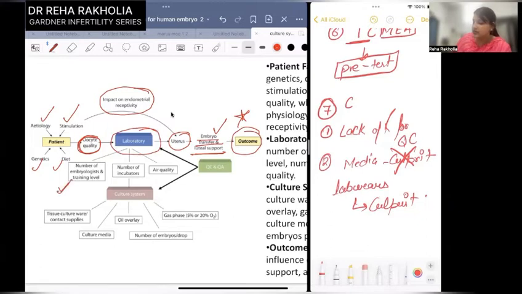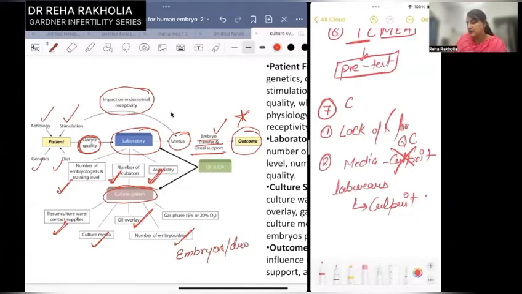Embryologist number and training level, number of incubators, air quality, and culture system. In the culture system, there is tissue culture ware supply, culture media, oil overlay, number of embryos per drop, and gas phase.